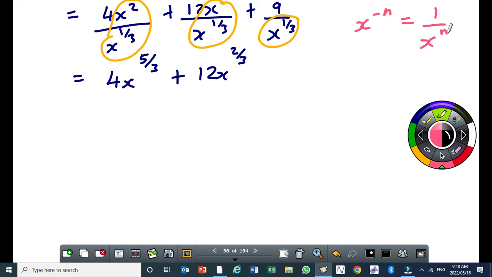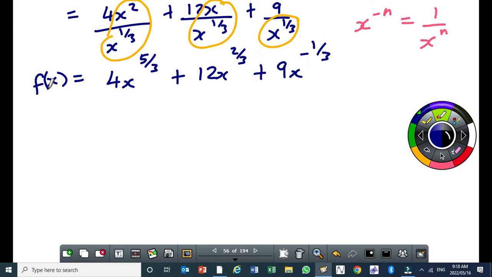So we get plus 9x to the power of negative a third. This is now our f of x, after removing brackets, division lines, and root signs.